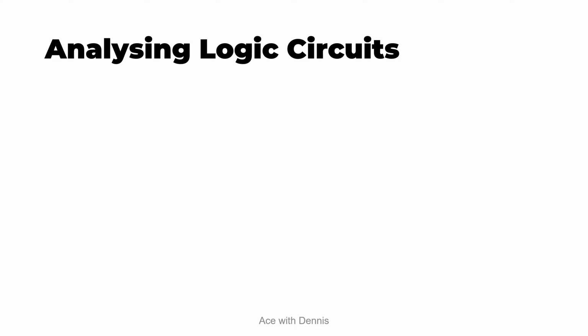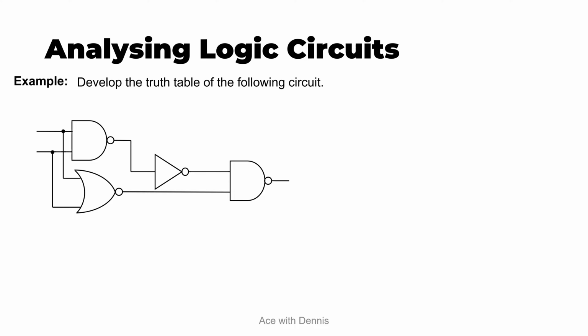After understanding how NAND and NOR gates work, let's analyze simple logic circuits. Here's an example. Develop the truth table of the following circuit. Here's a circuit with two inputs, input A and input B, and one output Z. Output C is the output of the NAND gate.